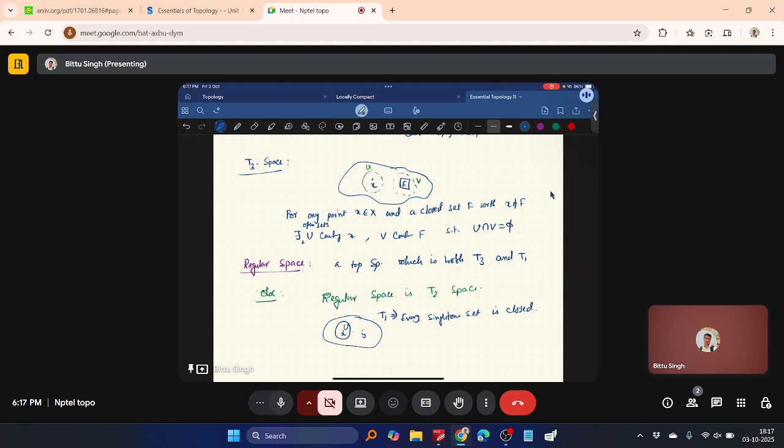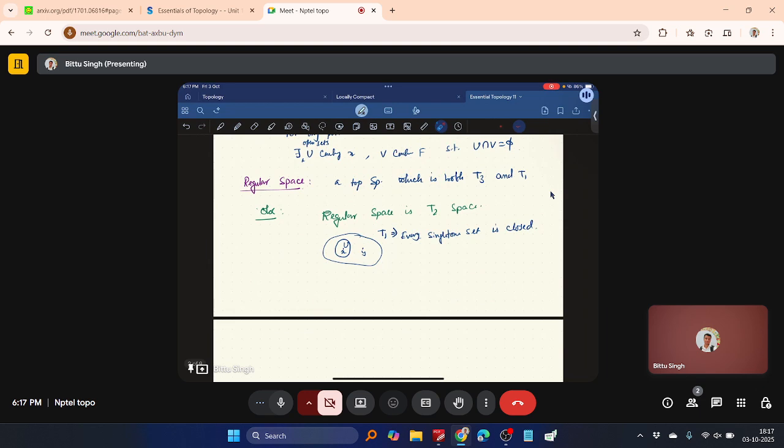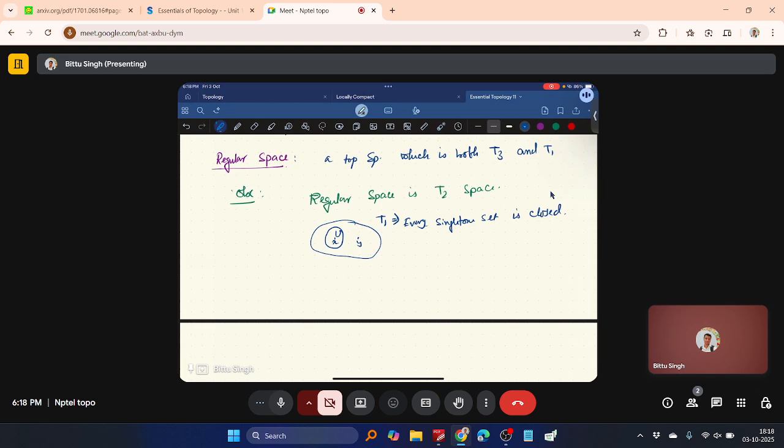We have already considered X and Y. So now we can treat Y as a closed set because Y is a singleton set. So Y is closed, and now use this property for a point and a distinct closed set. There exists such a separation, two open sets separating those two different sets. So from this, it is clear that regular implies T2 space, Hausdorff space.